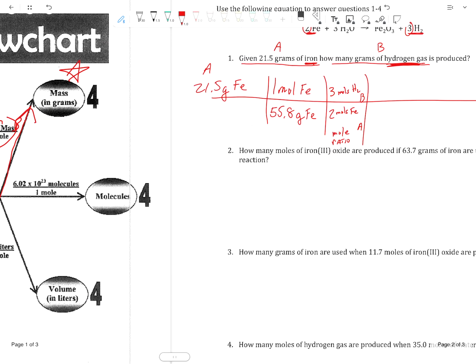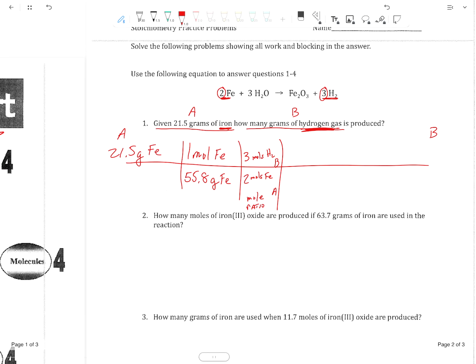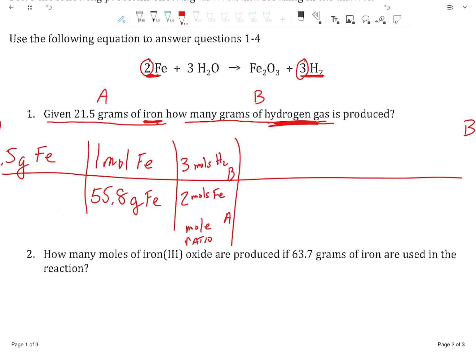So we have 1 mole of hydrogen gas here, and the molar mass of this hydrogen gas. For 1 hydrogen, that would be 1.01 grams per mole. But since we have 2 of them here, we're going to put 2.02 grams of hydrogen, okay?